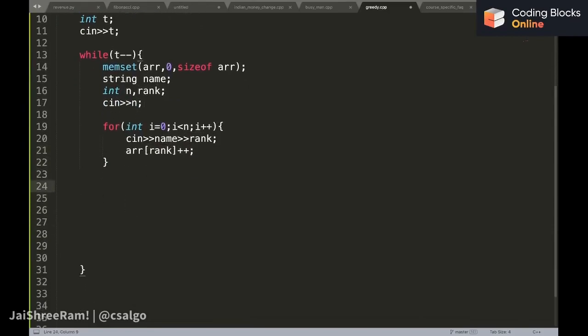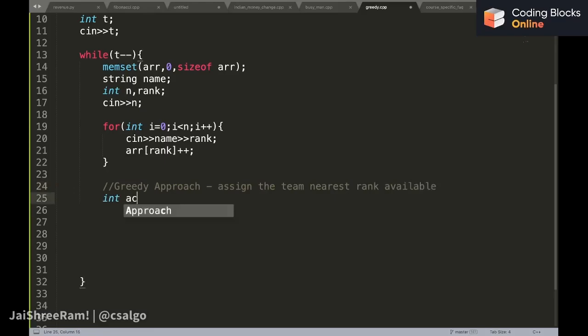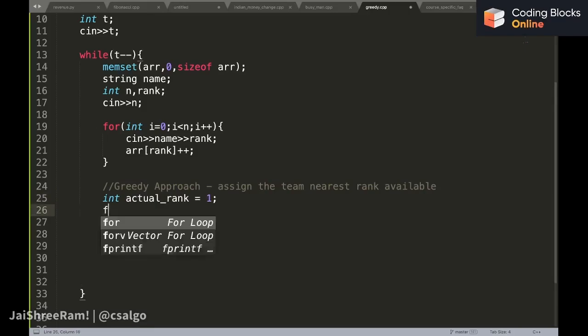Now we can use our greedy approach that assigns the team the nearest rank available. So we can start giving ranks from 1. Let's call it the actual rank that we are going to give.